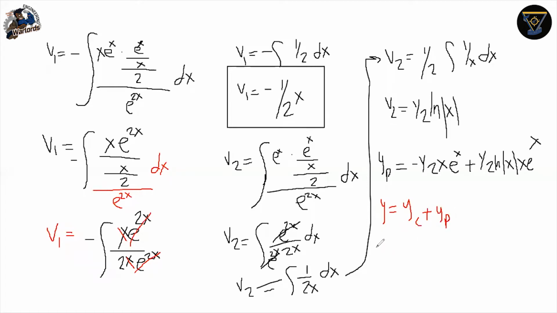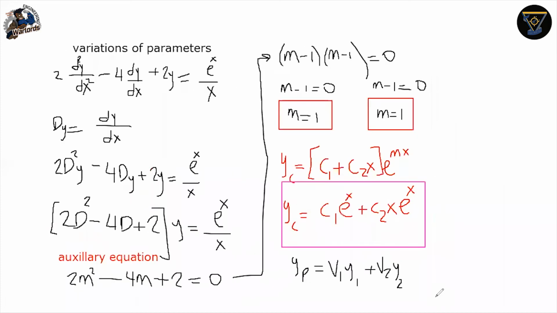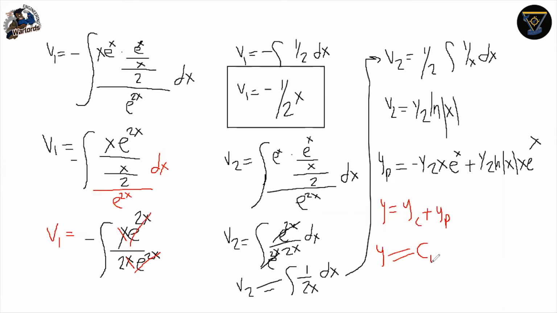So therefore, we're saying that y is equals to yc, which we got earlier, which is c1 e to the x plus c2 x e to the x, and then we add it with yp, which is all of this.